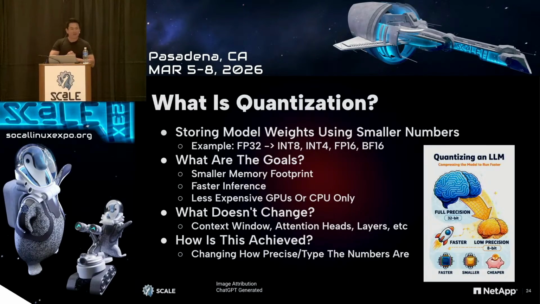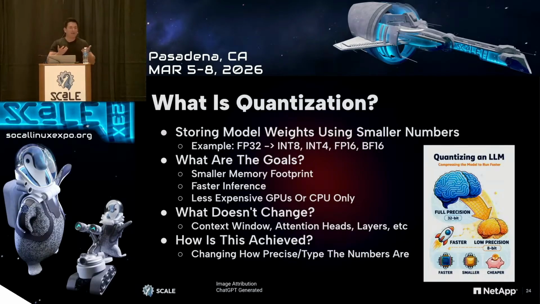We want to change the math of the problem to something much more manageable. You can quantize a model that's using floating point 32 down to int 8, floating point 16, and then BF16, which is this one special thing that NVIDIA does, where the precision is less and the numerical range is larger. Anyway, it's a different representation of a floating point number.